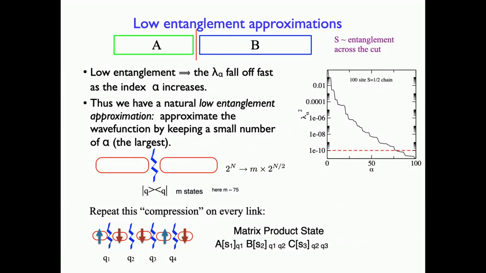If your cutoff is 10 to the minus 10, then you can keep on the order of about 75 of them, and that's the sort of M that we're looking at for one of these systems. And you can see that it fell just like what I described. Okay, and then this sort of shows the idea of repeating this to get a matrix product state.